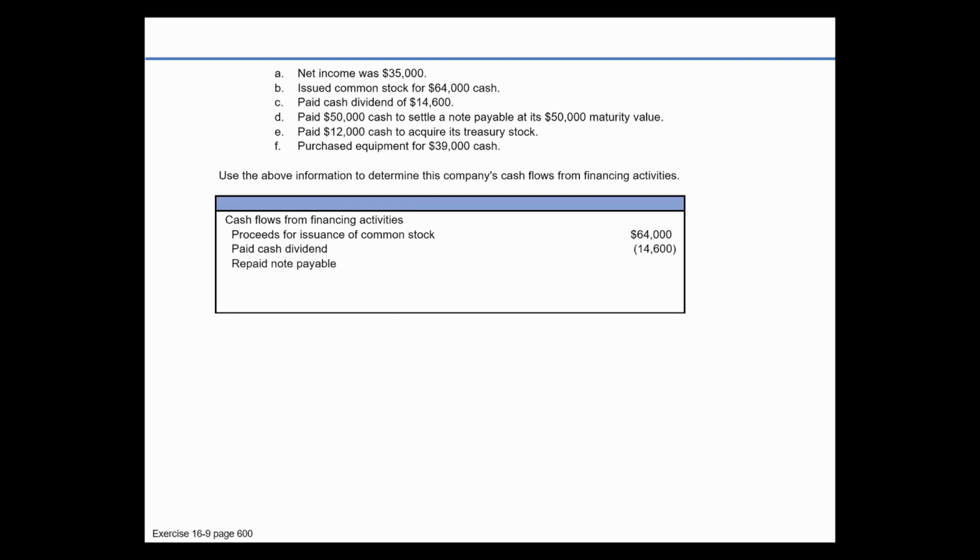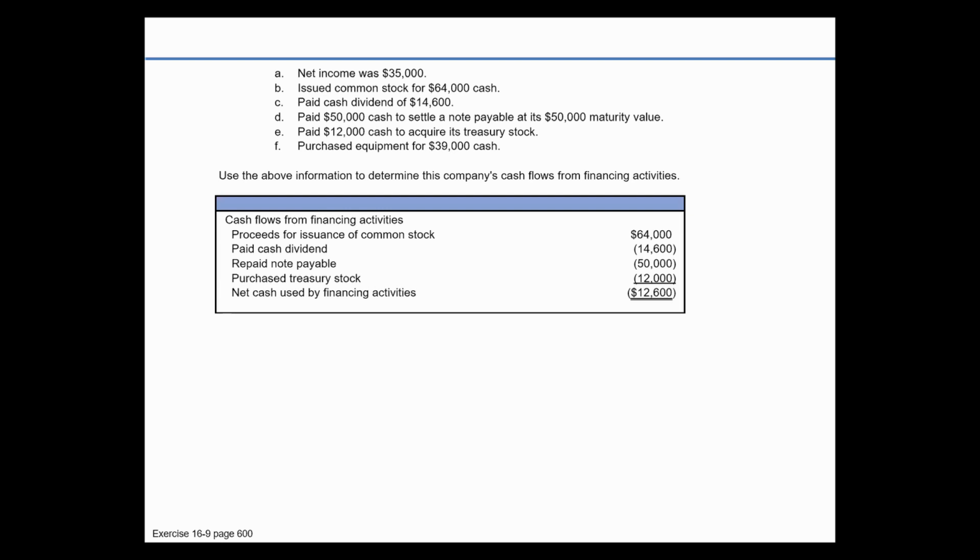We had to repay a notes payable in the amount of $50,000. Same thing, that is a negative number because it's a cash outflow. And then the purchase of treasury stock, same thing. It's a cash outflow of $12,000. And then the net cash used for investing activities then is $12,600 negative.